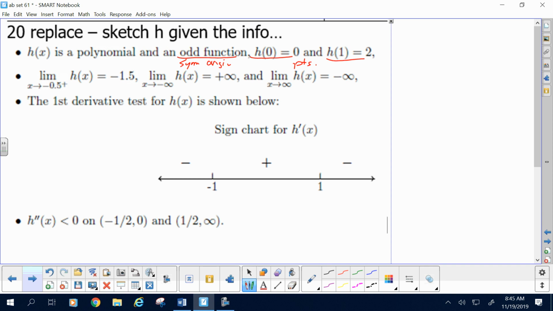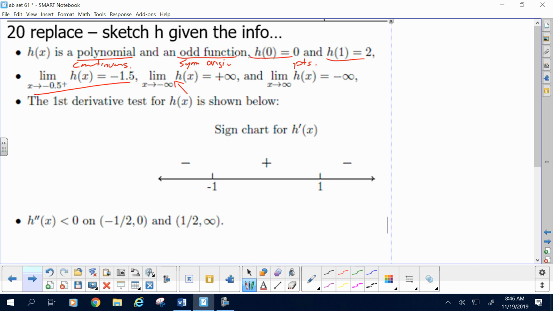They give us a limit. If it's a polynomial function, then you can bet it's continuous. So the limit, I'm sure, actually equals the point because of continuity. They give me a little left end behavior. This means as x goes to the left, the y values go up or down.